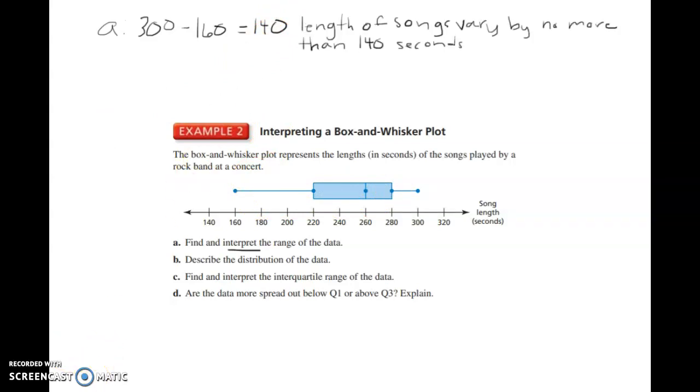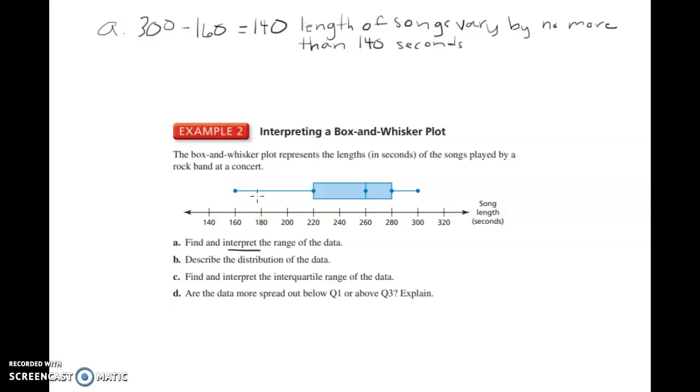Okay, so interpreting the range, what we just talked about, is that the length of the songs varied by no more than 140 seconds. So just meaning that those songs are like any song over here must be within 140 seconds of any song that is on the lower end.